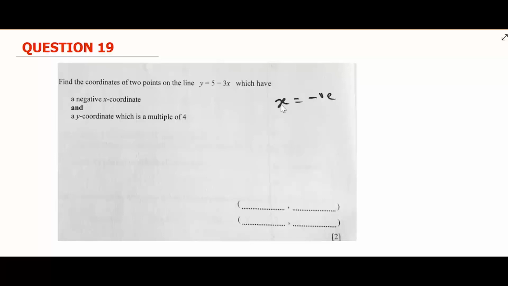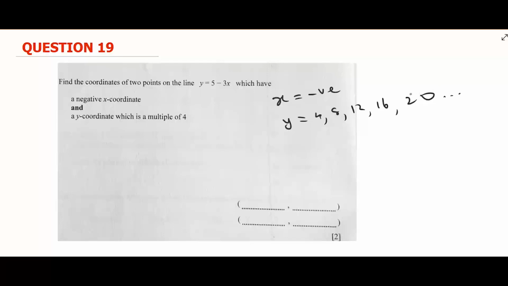Sorry. So from these conditions, x must always be a negative value, and y must be a multiple of what? 4. That is, you can have 4, 8, 12, 16, 20, and so on and so forth.